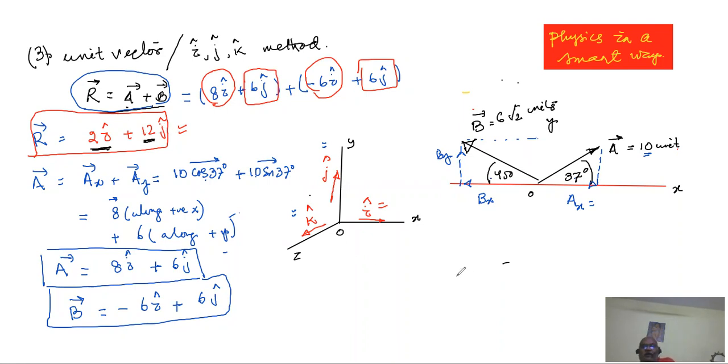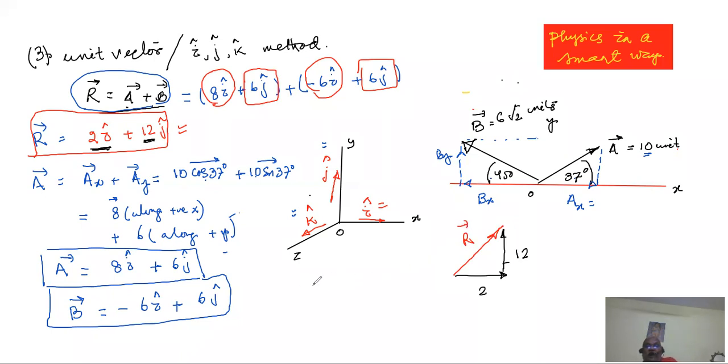So if I take them into account, x component is 2. At the head of x, I put down the y component. That is not necessary, but that is for your clarity. Then the resultant, the sum of these two vectors, will be a vector which starts from the tail of this vector and ends at the head of this vector. That is the resultant. Okay.